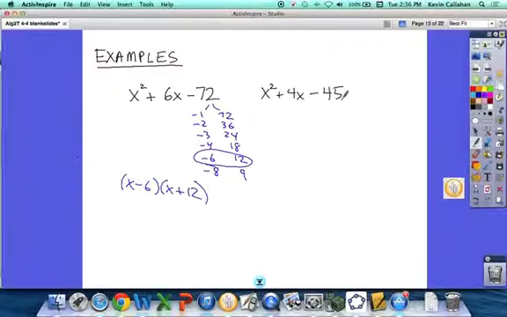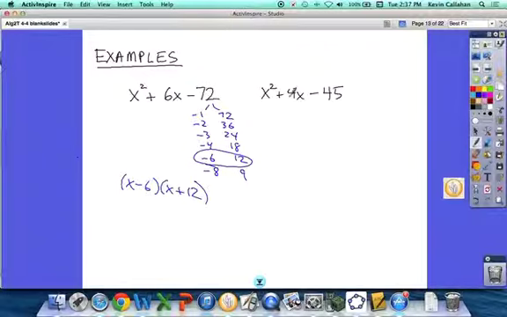Factors of negative 45 that add up to 4. Josh. When that's positive, like we did in the last ones, when it was negative, then the smaller number was the positive. Okay, I can't hear you.